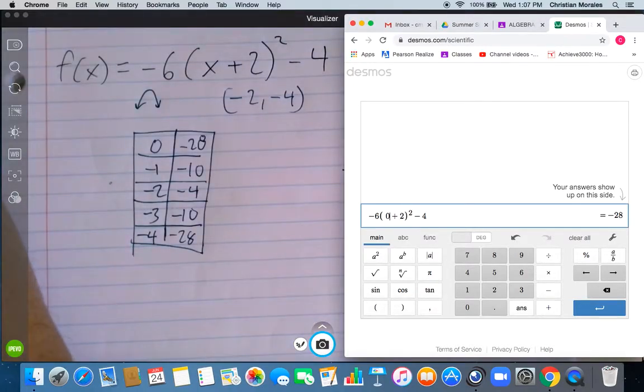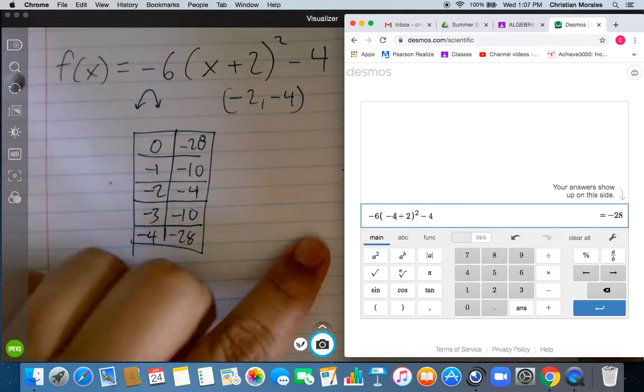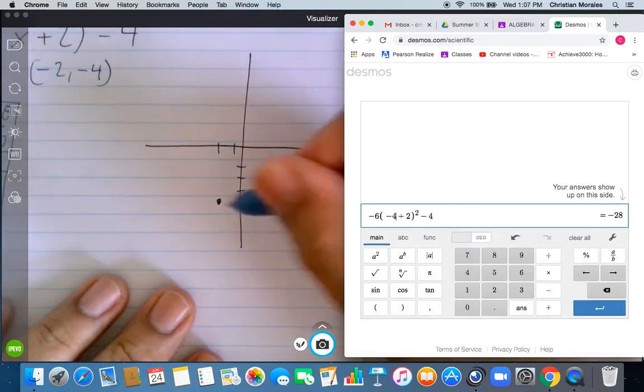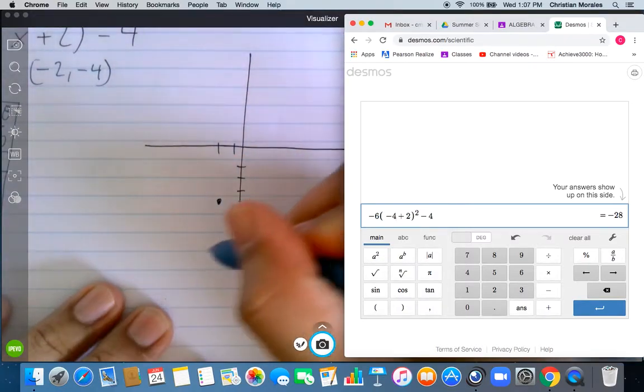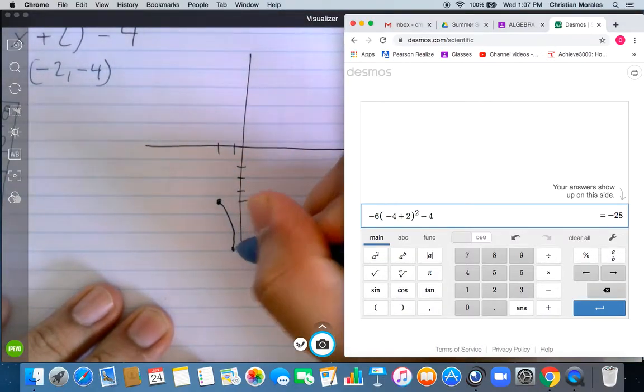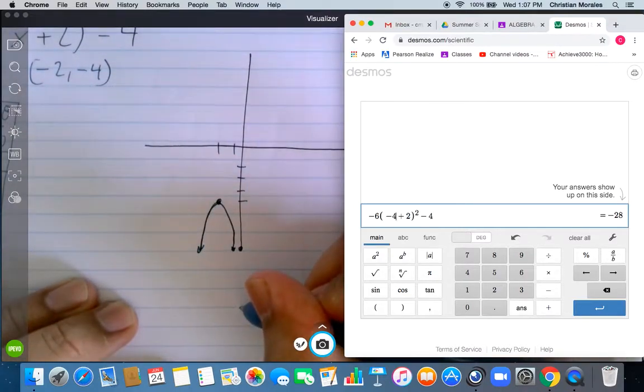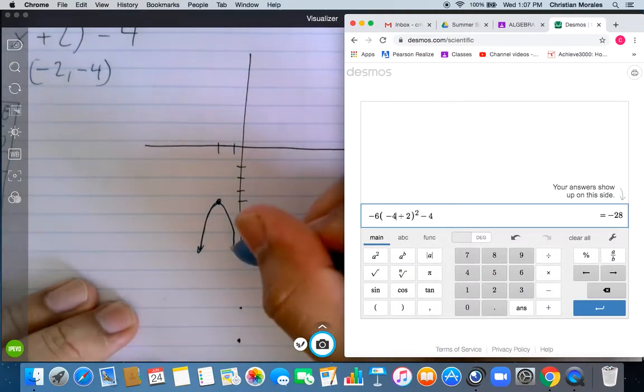And if you still don't believe me, we'll plug it in. But you get the same numbers. So when you graph it, you're going to be more accurate with it. So -10 on this side, -10 on this side. And then -28, which is going to be even lower, actually way lower, it's going to keep going down.